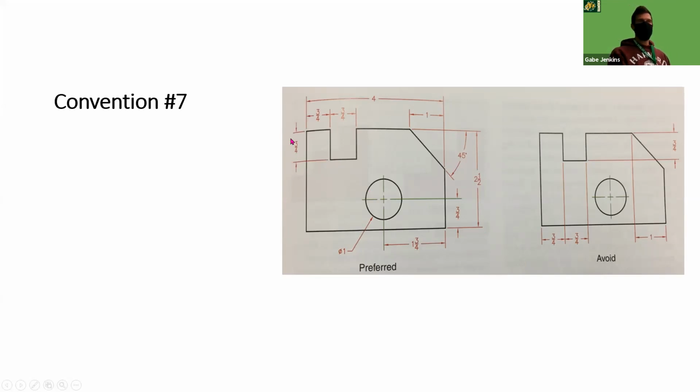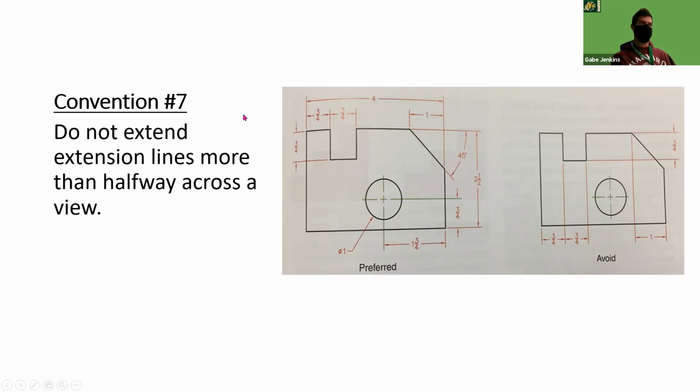But we have the dimension itself over here on the left, so the only line going across doesn't have to cut through the object so much. For instance, if we look at these 3/4 dimensions up here, you could put them up here or down here. They both refer to the same 2 lines, and they both say 3/4. But by putting them up here, we're making sure that our extension lines don't have to cut through the object as well. So that would be preferred.